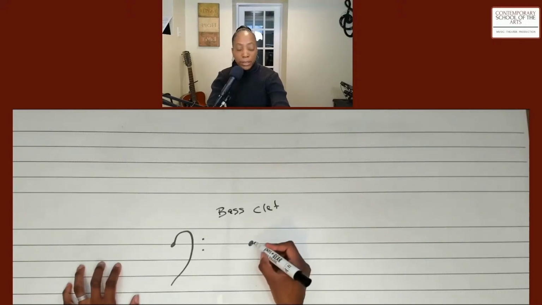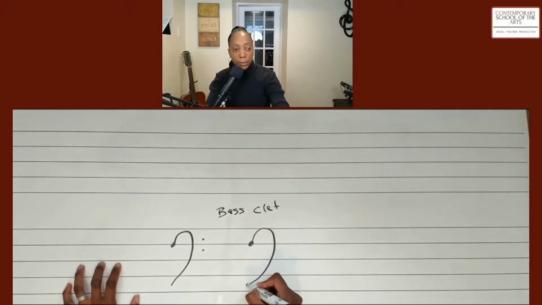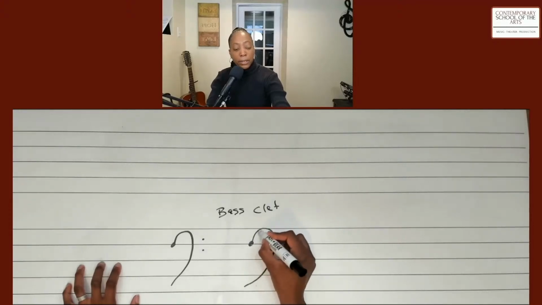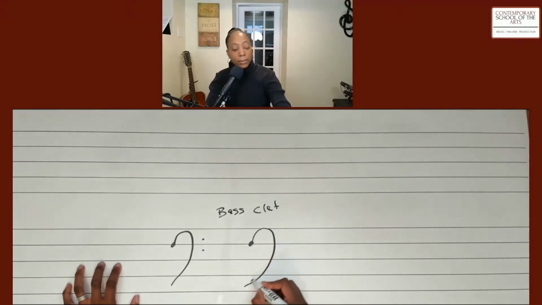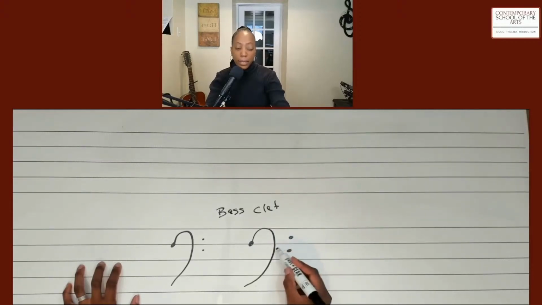I'll explain in just a moment. And then we want to take our pen or pencil, preferably a pencil if you're doing this with me, and then do a nice curve just past the 2nd line. And then you want to put your 2 dots on either side of the 4th line. Think of it like you're splitting the 4th line with the 2 dots.